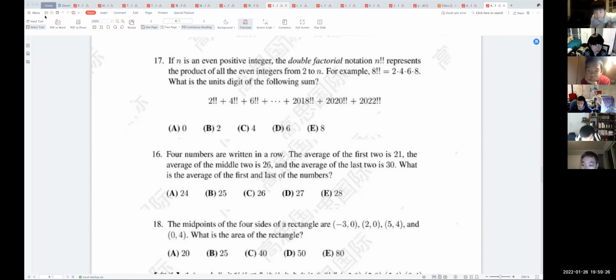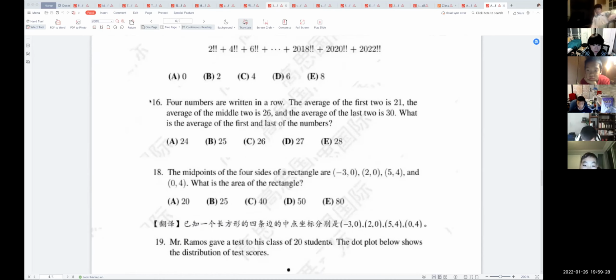Okay, so let's take a look at number 18. The midpoints of the 4 sides of a rectangle are (-3, 0), (2, 0), (5, 4), and (0, 4). So we have -3, 0 here, right? And 2, 0. And 5, 4.